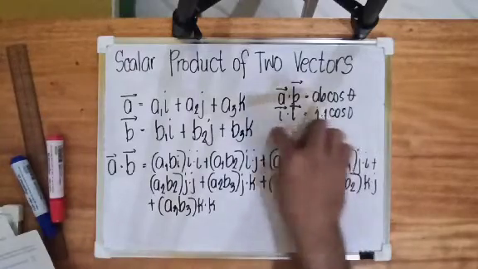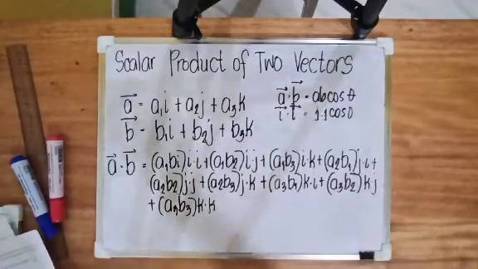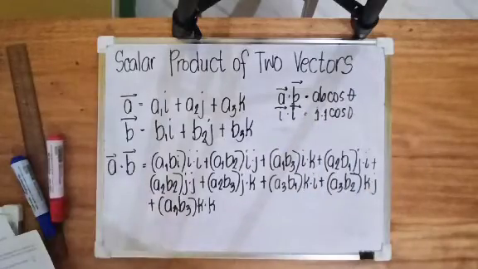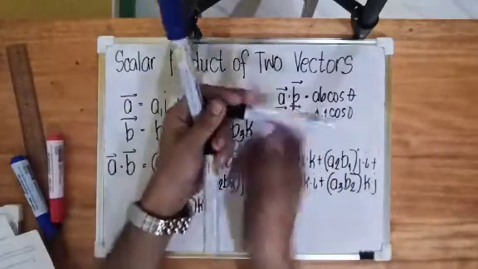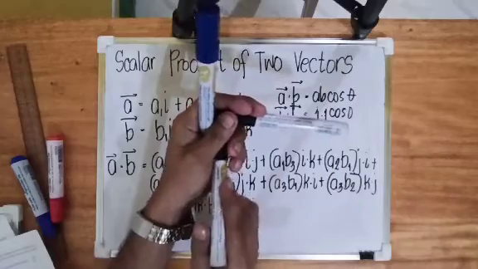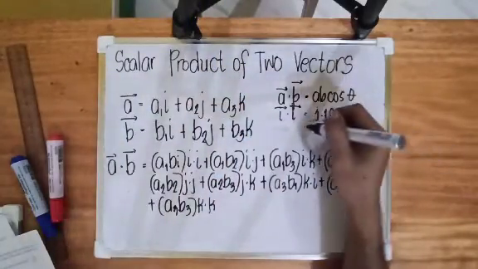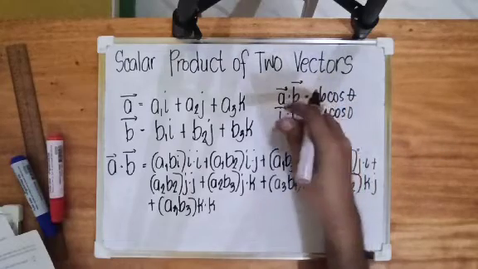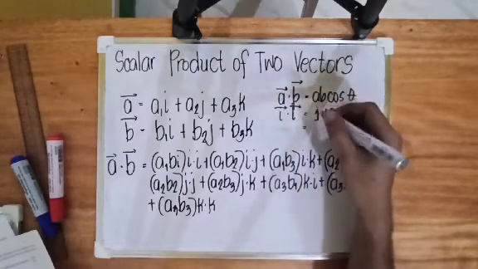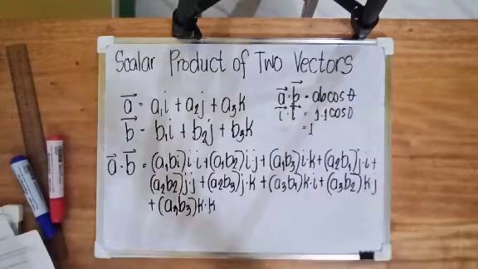So 1 times 1 times the cosine of the angle of I times I, which is 0. So the unit vector I dot I is equal to 1.